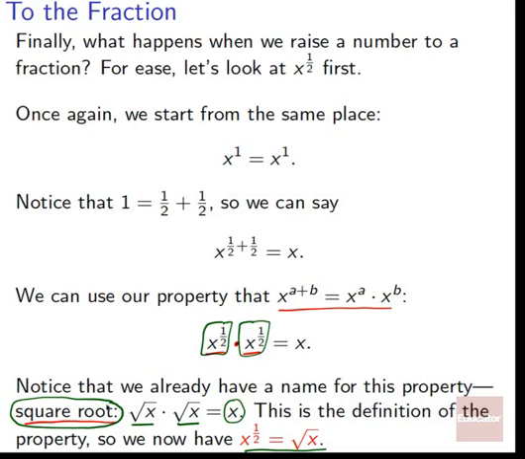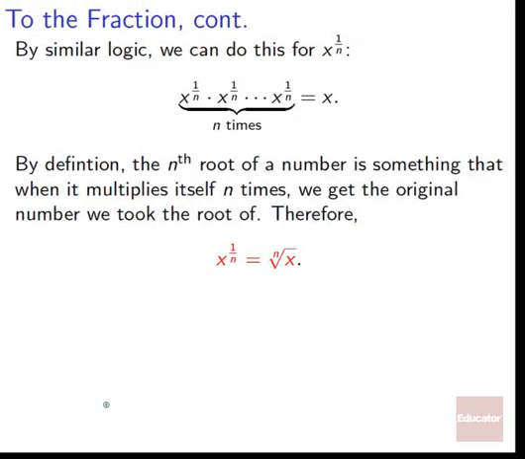They're equivalent. We can expand this by similar logic to x to the 1 over n. So x to the 1 over n is the same thing as saying x to the 1 over n times itself, n times, is equal to x, because we've got n many 1 over n's is equal to 1. So if we combine x to the 1 over n times x to the 1 over n, we'll be adding 1 over n to itself n times, which is equal to 1. So x to the 1 over n times itself n times is equal to our x, by the same logic that we split up x to the 1/2.